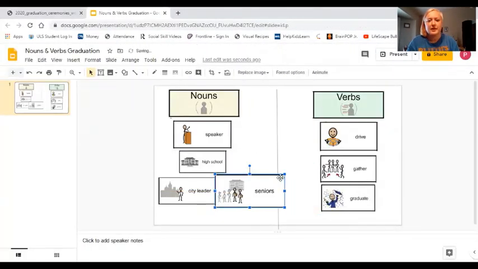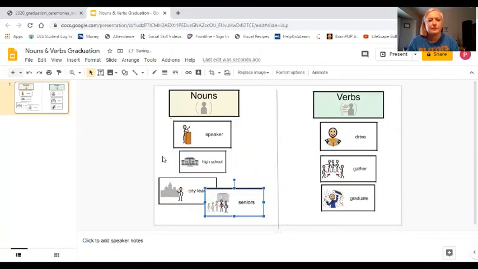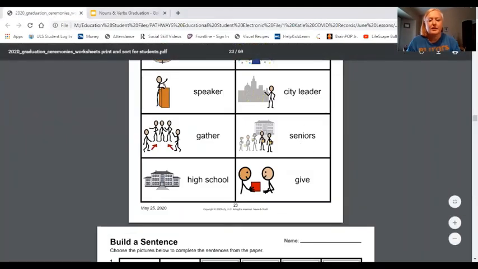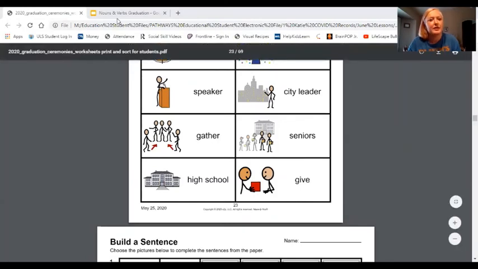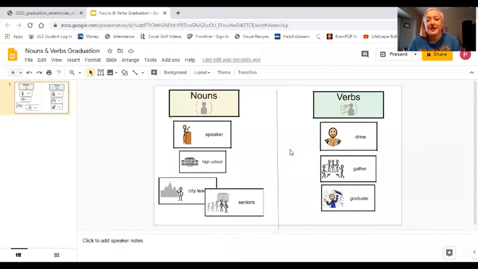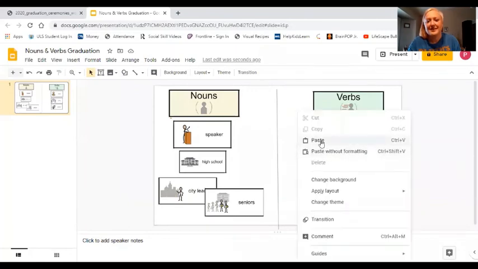Seniors is a noun. We'll make that a little bit smaller so it fits in here. And then our last word is give. I'm going to give you something that is an action. It's not a person. It's not a place. It's not a thing. So we know that give is a verb.